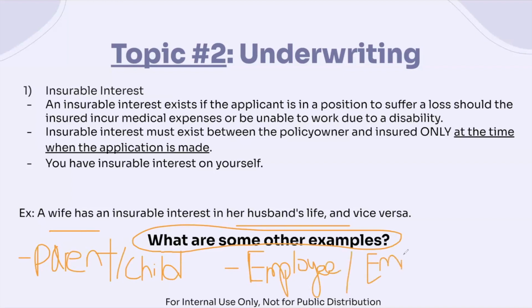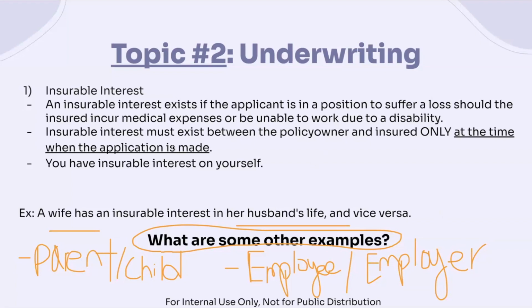They also have that relationship, with group, right? That's why your employer can purchase insurance on the employee, because if you pass away or incur medical expenses, then the employer is in the position to suffer loss, financially.